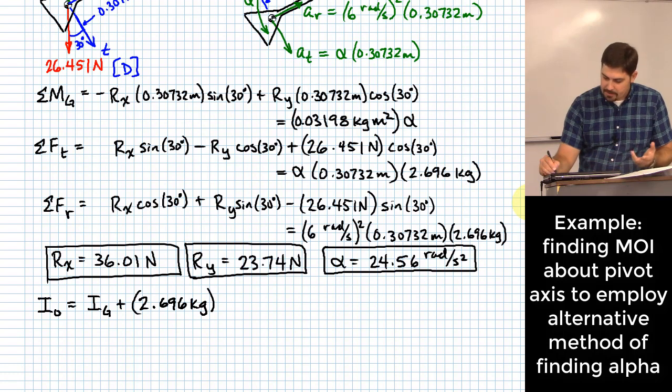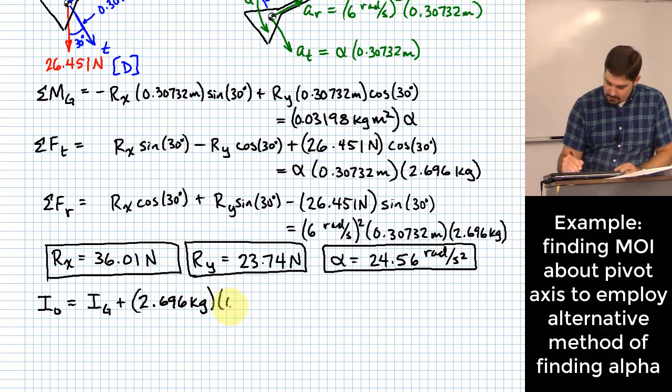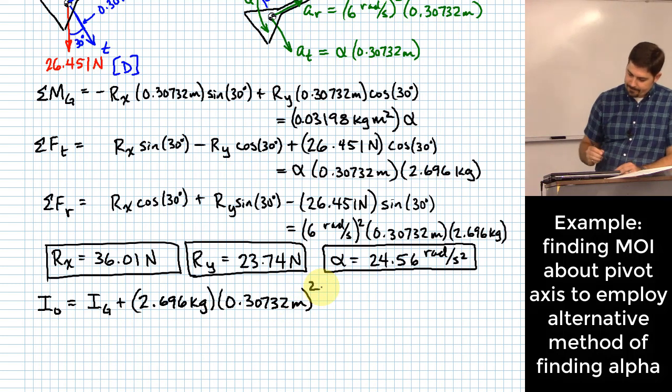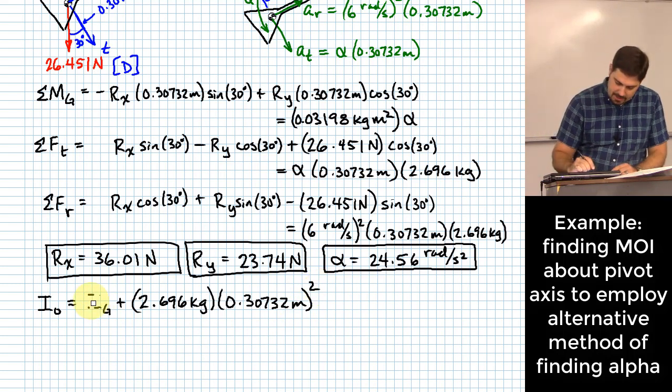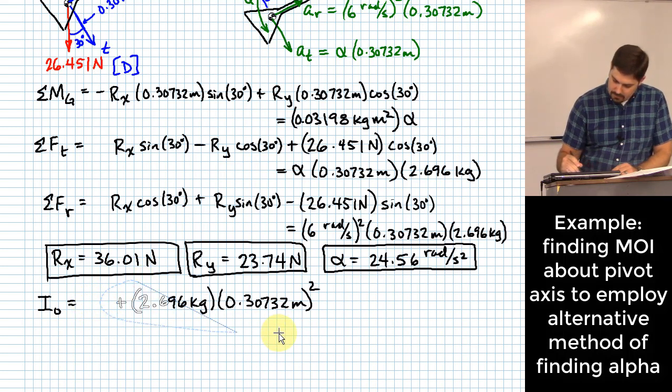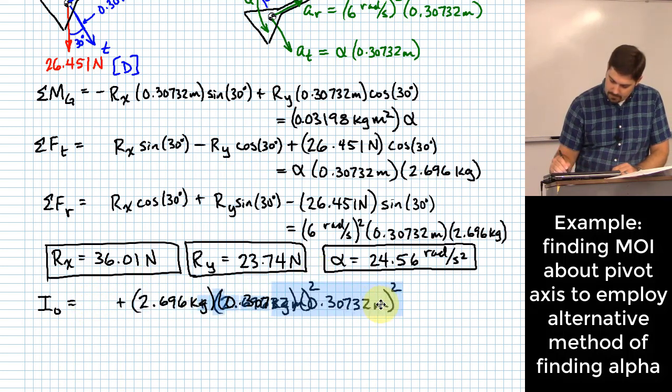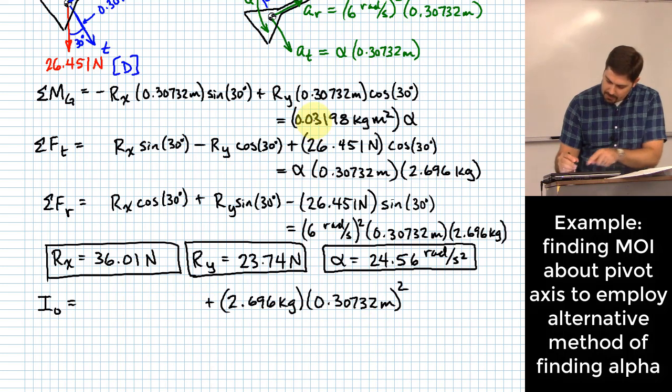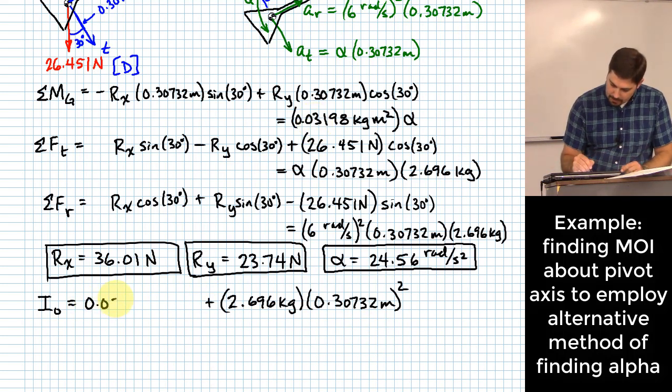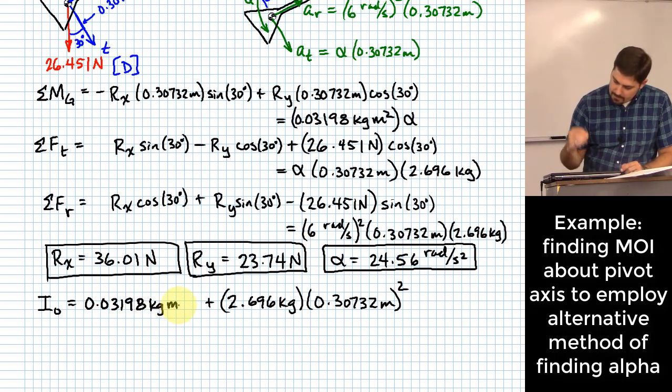What is the distance between those two axes? 0.30732 meters squared. Okay? And what is this IG? Okay? That was this value up here, 0.03198 kilogram meters squared.